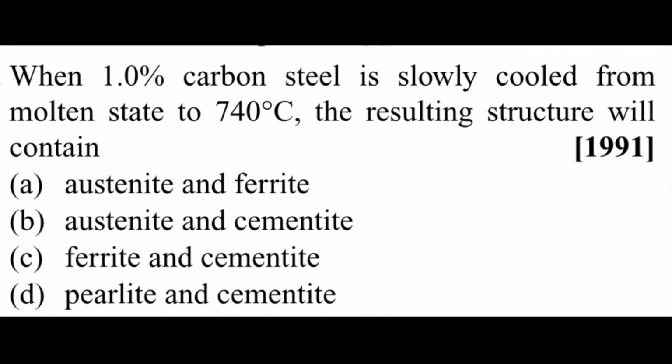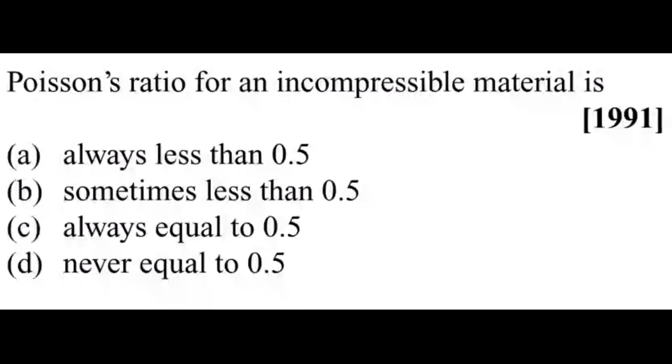When 1% carbon steel is slowly cooled from molten state to 740 degrees Celsius, the resulting structure will contain austenite and cementite. Poisson's ratio for an incompressible material is always equal to 0.5.